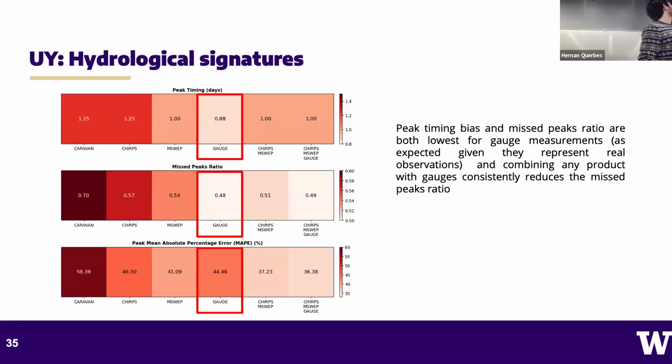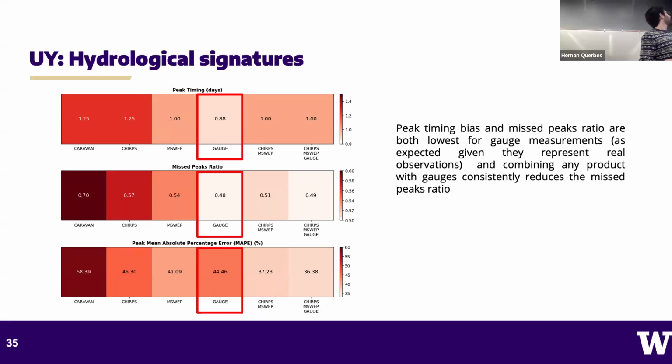So now, what happens with the hydrological signatures? As you can see, the gauges are the ones that have the best results when it's about the peaks. So the peak timing is the best for gauges and also the miss-peak ratio. This makes sense because this is real measurements, so they are very correlated to the streamflow measurements.